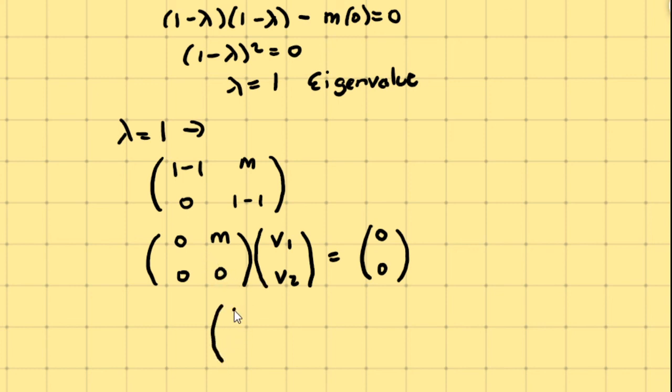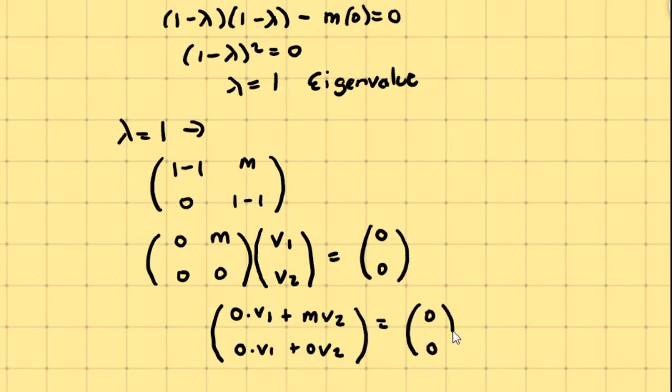If you do this multiplication, you get 0 times v1 plus m times v2, and 0 times v1 plus 0 times v2, which is 0, 0. And so we have that m v2 is 0.